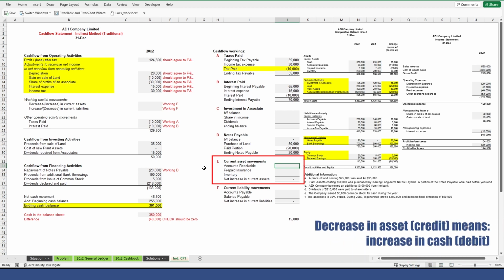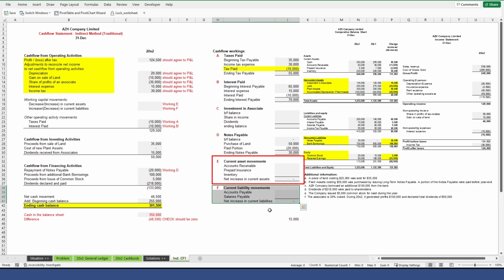A decrease in asset would be a positive amount because cash was increased. On the contrary, liability amounts would have the opposite effect. An increase in a liability account would mean an increase in cash, and a decrease in a liability account would mean a decrease in cash. It all actually follows debit and credit conventions, as you see on the screen.